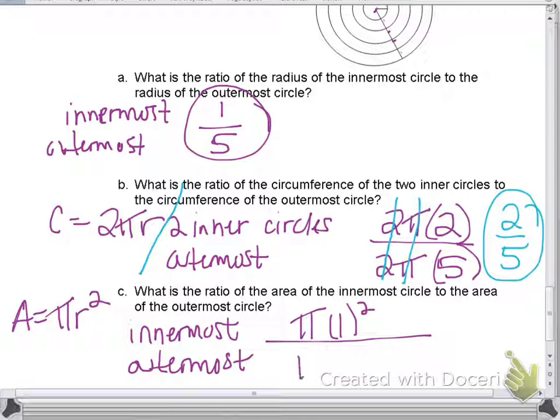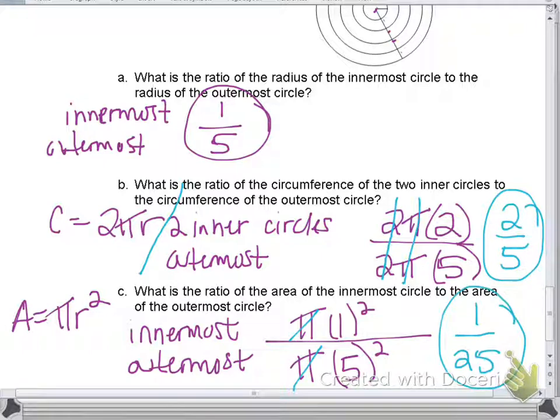And on the bottom we're going to have pi times 5 squared, because we know the radius of the outermost circle is 5 deep. So again, we can cancel out the pi's, because pi divided by pi is 1. And on the top we have 1 squared, which is 1, and on the bottom we have 5 squared, which is 25. So our ratio is 1/25.